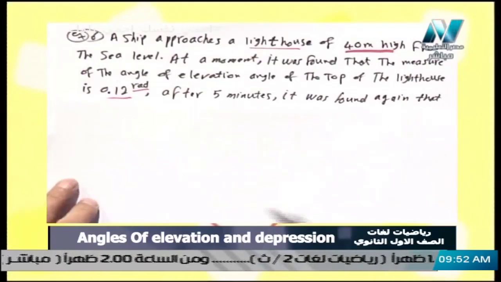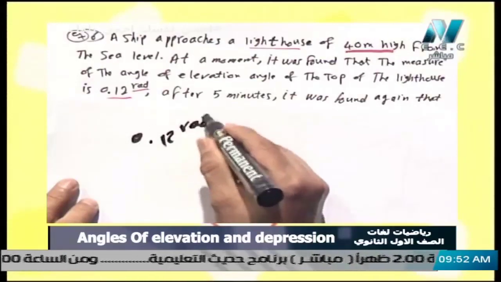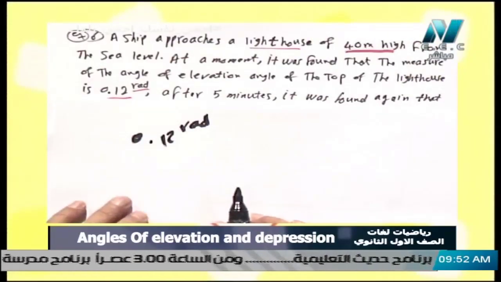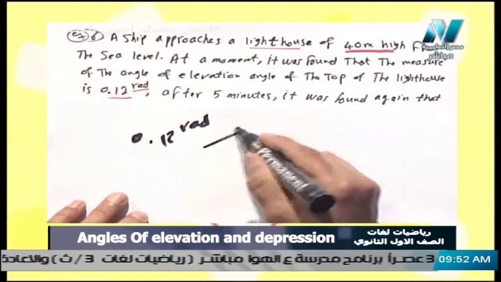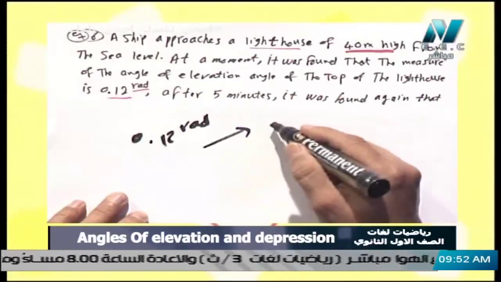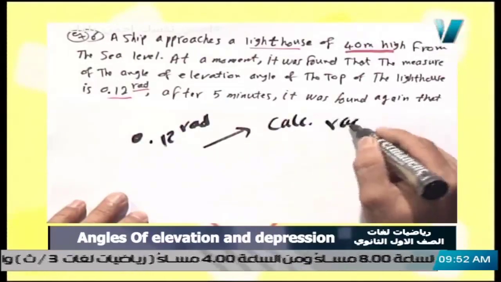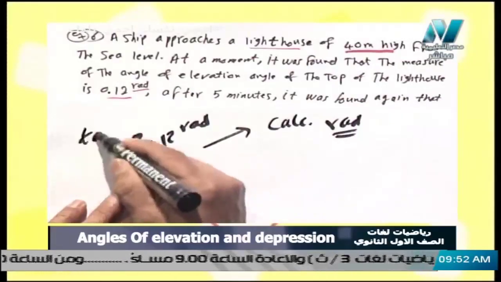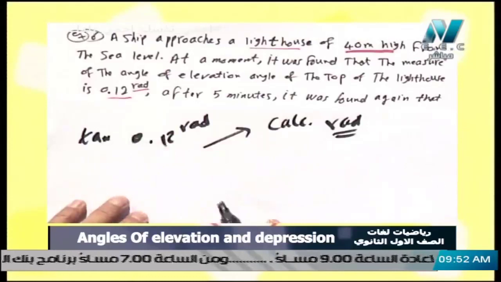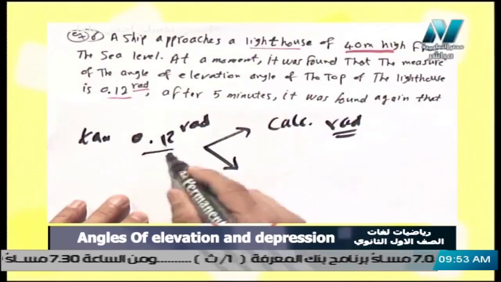We have 0.12 rad. We have two methods to calculate tan of this angle. First, you have to convert the calculator to rad mode and write tan of this angle directly. The second method is to convert it to degrees.